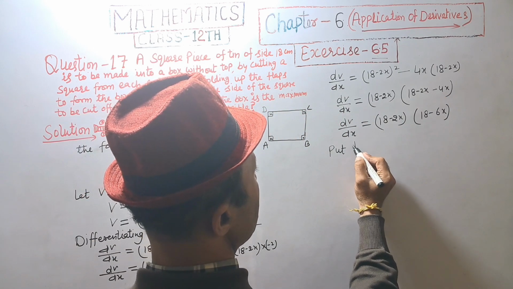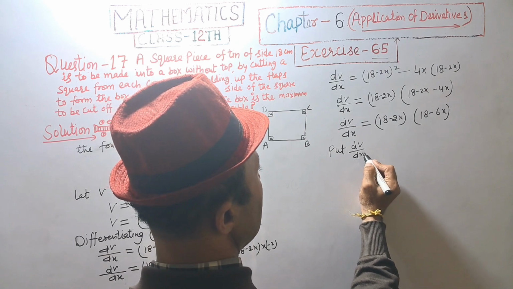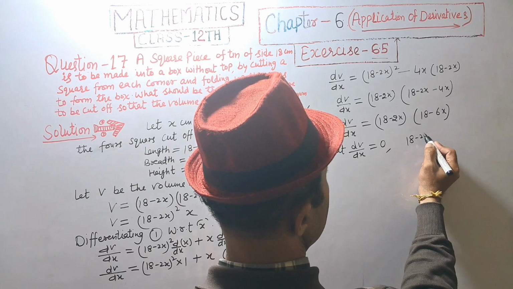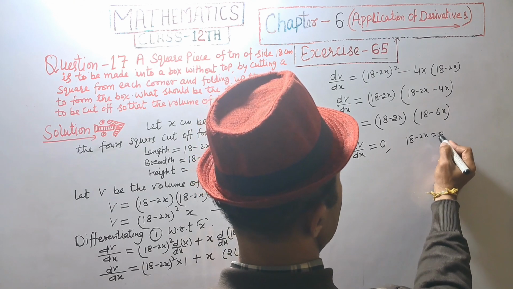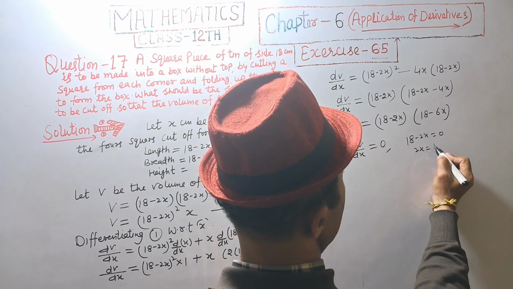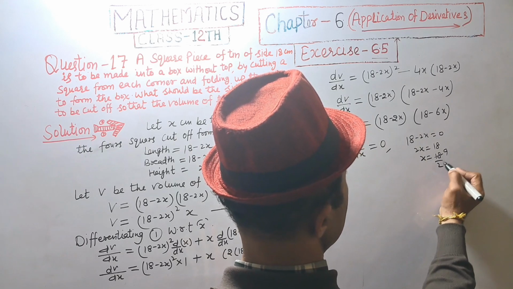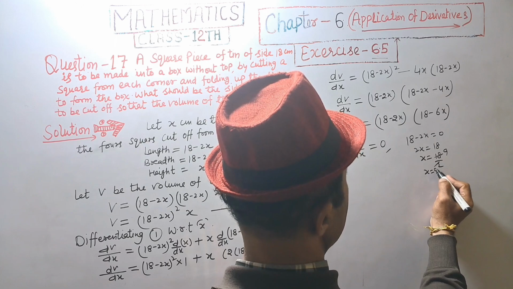Put dV upon dx equal to 0. 18 minus 2x is equal to 0, 2x is equal to 18, so x is equal to 9.